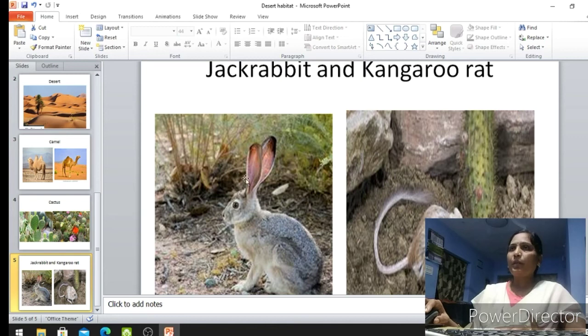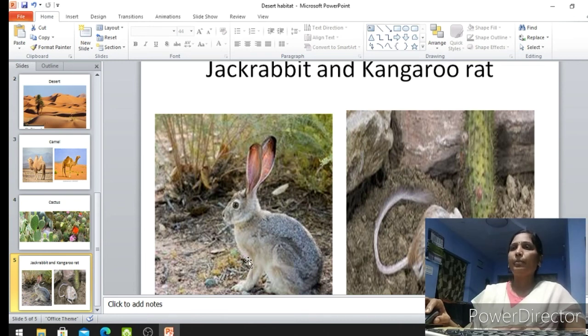On the ears you can see, they have very big ears. The blood vessels present in their ears make the blood cool, and then it returns into the body so that it can keep the body cool.